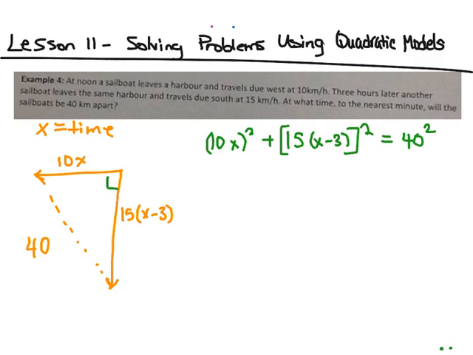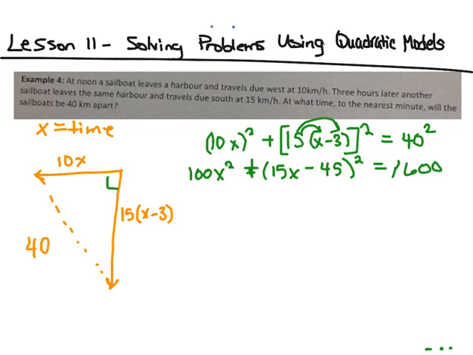So 100x squared plus 15x, distribute in, minus 45, squared equals 1600. This is supposed to be a plus sign. We're going to multiply 15x minus 45 twice.